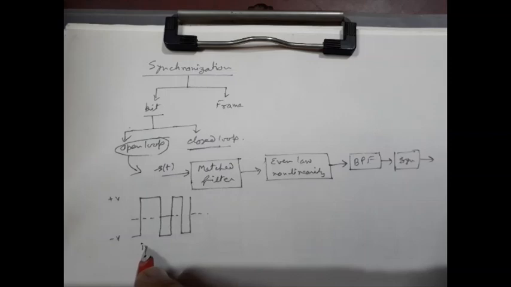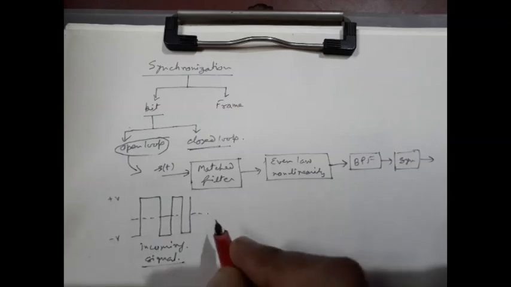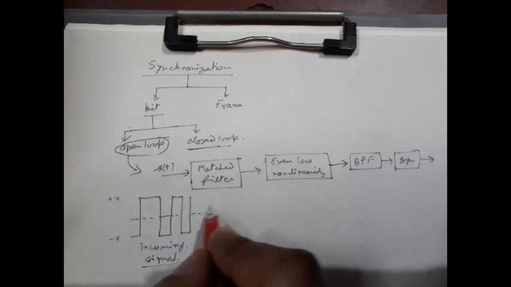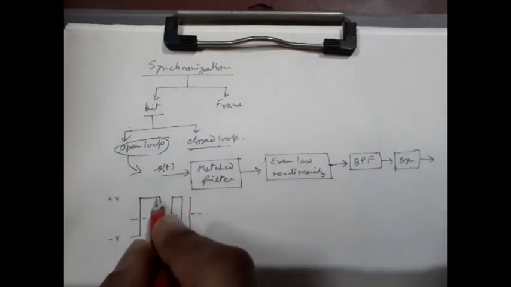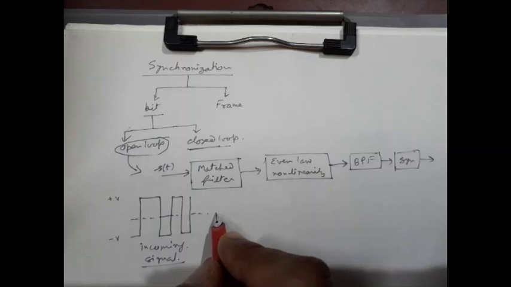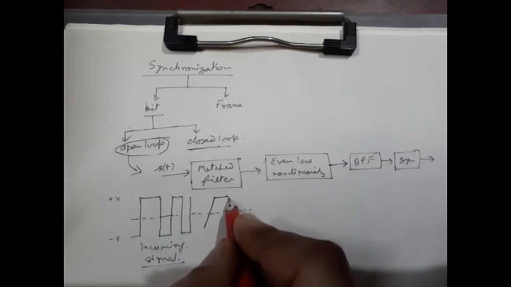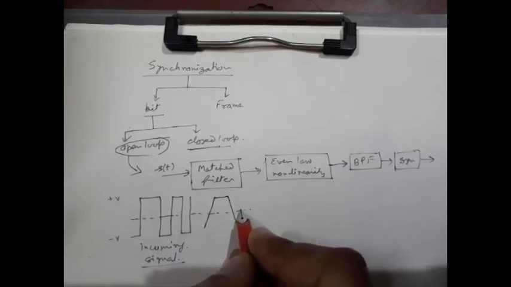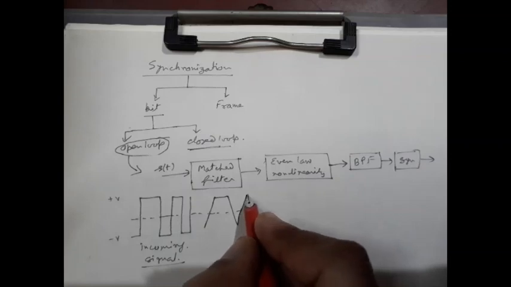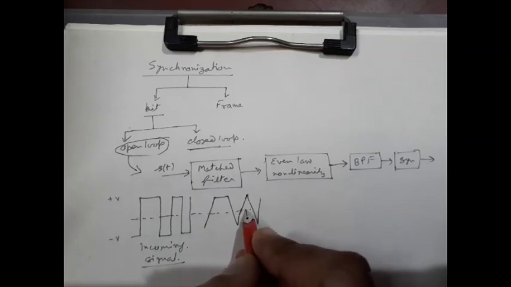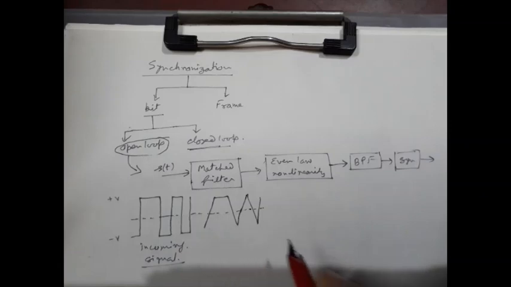So this is the incoming binary signal. When it is passed through the matched filter, since it is square in shape, the matched filter output will be triangular in nature. I cannot draw to scale, but it will be something like this.